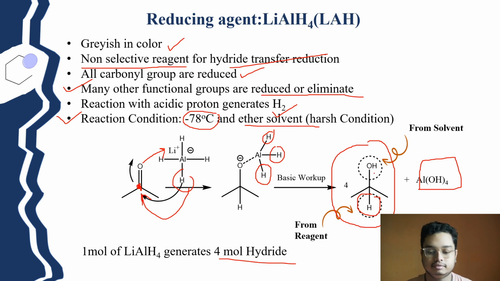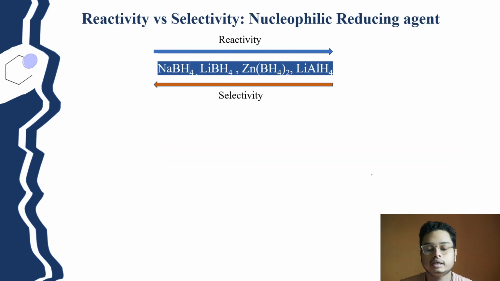Now you can find a very interesting trend from the class where we started the nucleophilic reducing agents. As we go from sodium borohydride to lithium borohydride to lithium aluminum hydride, the reactivity increases many fold, and the selectivity decreases. NaBH4 is specialized to reduce carbonyl compounds, but lithium aluminum hydride can reduce everything.